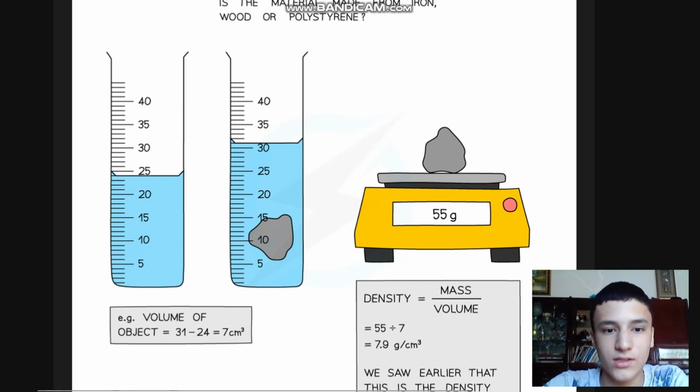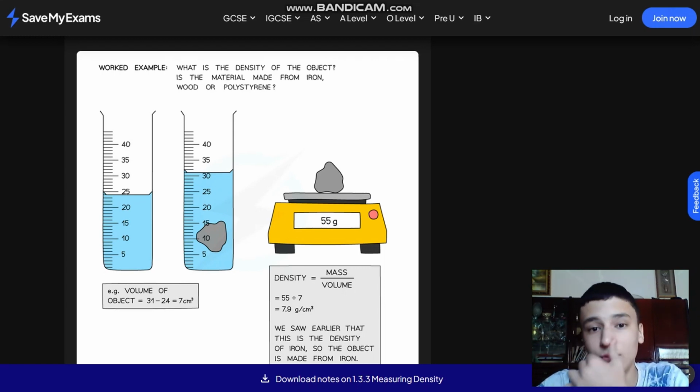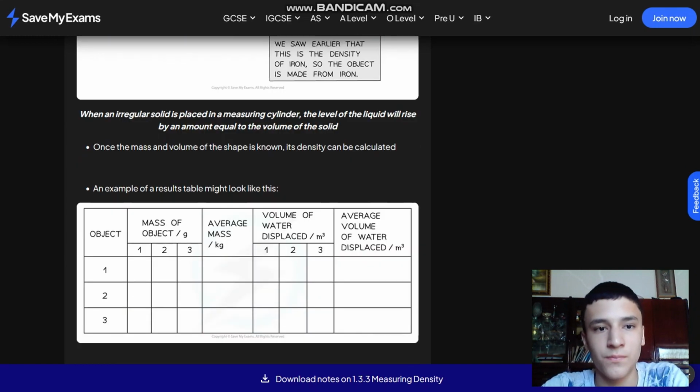So we can just subtract to find the volume easily, so that we don't have to use any formulas. For example, for this stone, nobody knows how to calculate its volume exactly with formulas. That's why we are using this method.